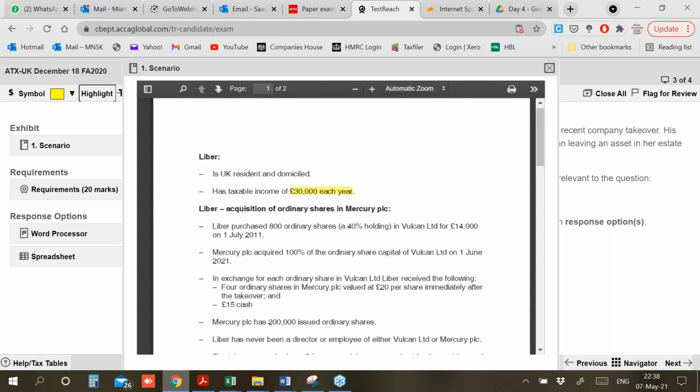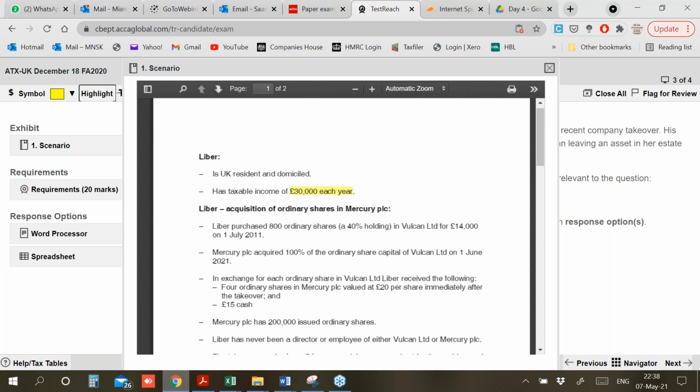LIBOR acquisition of ordinary shares in Mercury PLC. LIBOR purchased 800 ordinary shares, a 40% holding in V Limited, for 14,000 on 1st July 2011. So LIBOR originally purchased the shares in V Limited and it was a 40% holding, 800 shares. MPLC acquired 100% of the ordinary share capital of V Limited on June 2021.